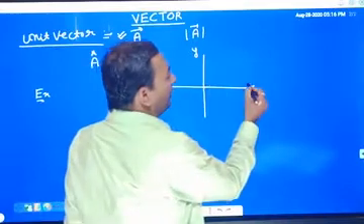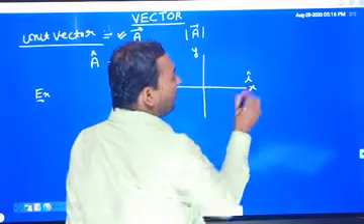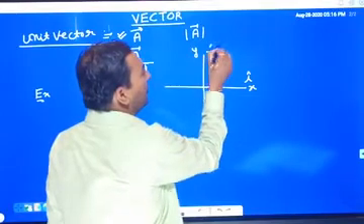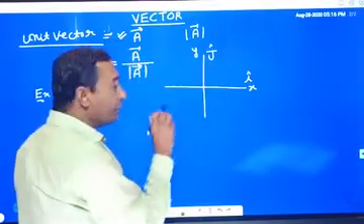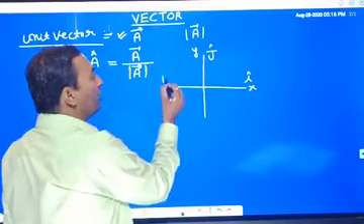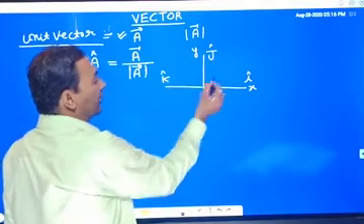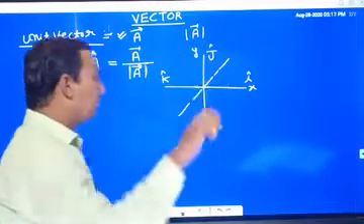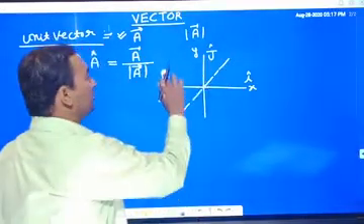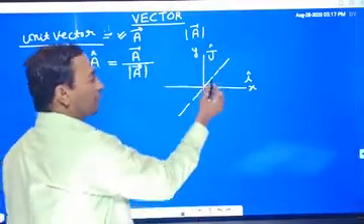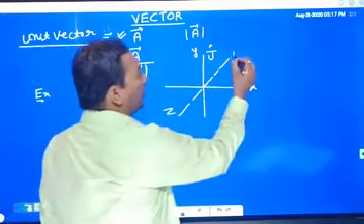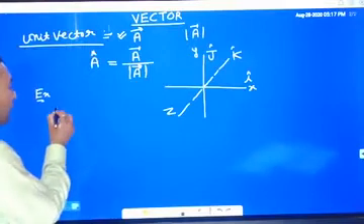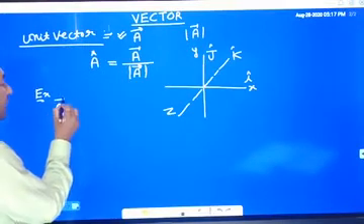Unit vector along the x-axis is i cap. Unit vector along the y-axis is j cap, and unit vector along the z-axis is k cap.